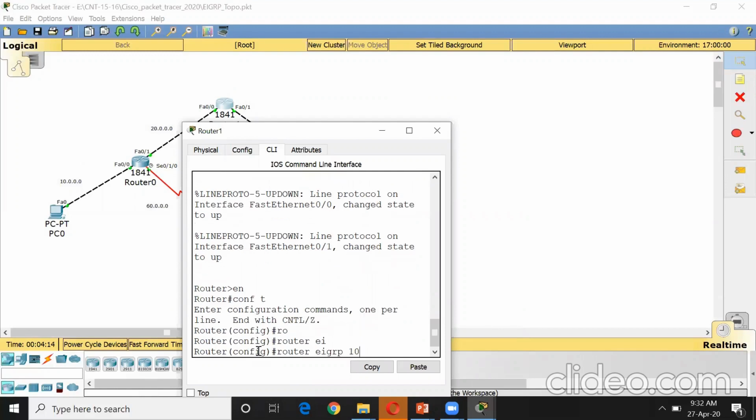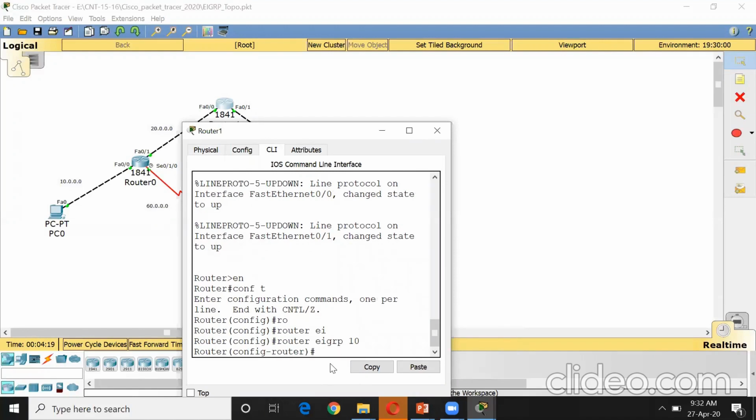We have to give the same autonomous system number, that is 10. So router EIGRP 10. Then which networks are directly connected, that is 20 and 30, right?